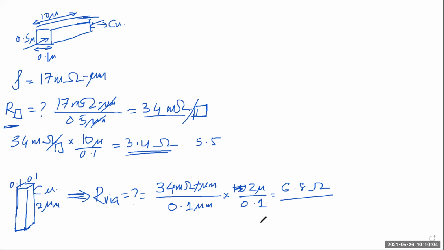How come everyone got 3.4? Everyone agrees with this, or did I make a mistake? Agreed.